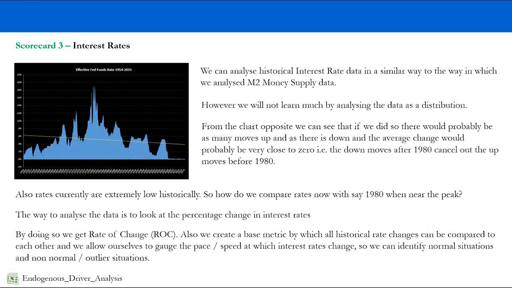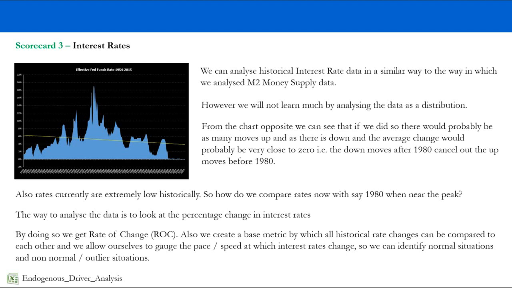It's pretty straightforward. We can analyze the historical interest rate data in a very similar way to the way in which we analyzed the M2 money supply data. However, we probably won't learn much by analyzing the data as a distribution. If you look at the chart opposite, it already looks like a distribution of returns in itself.